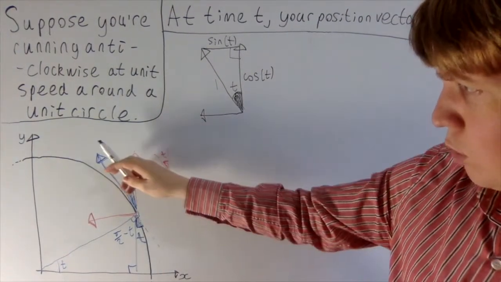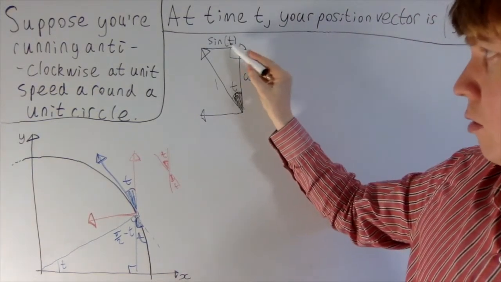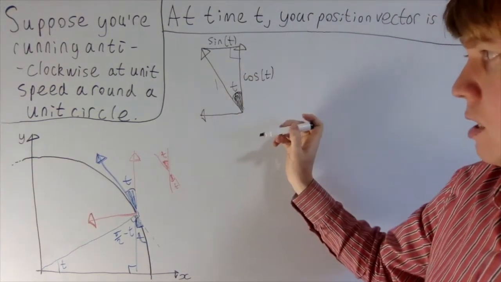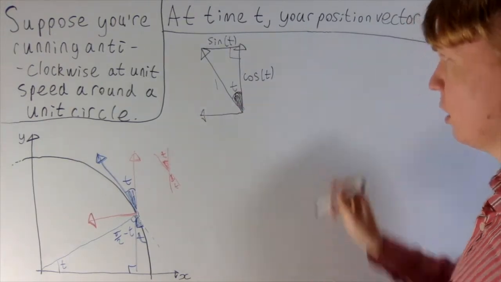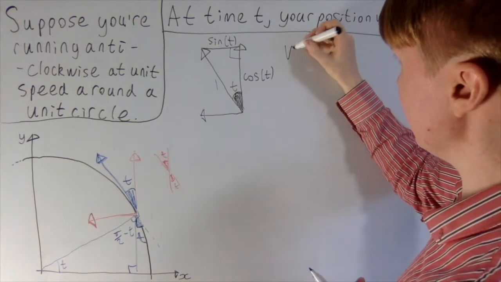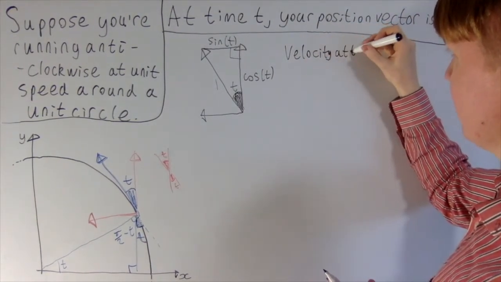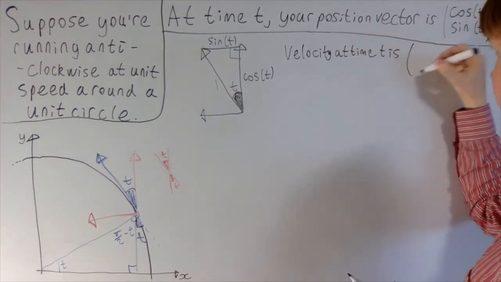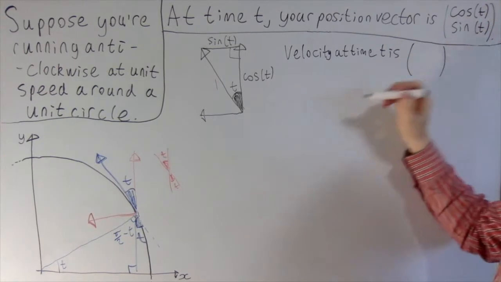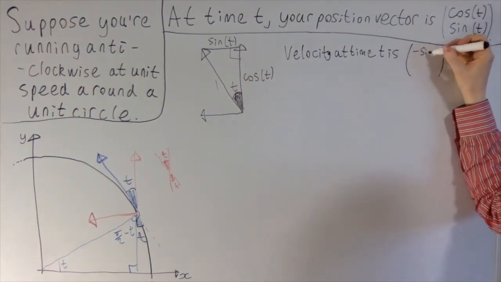So what does that tell us? Well, if you imagine we're travelling around, in our x direction we're travelling with a speed of sine t at time t, but we're actually going in the negative x direction. So we can say the velocity at time t, first of all, the x component is not going to be sine t, it's going to be negative sine t.